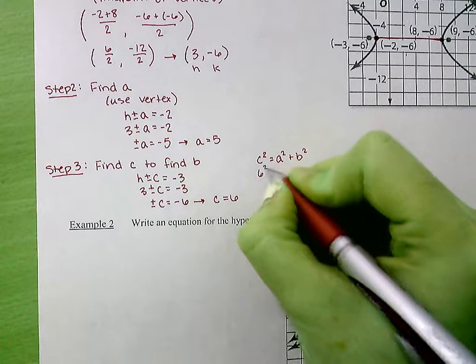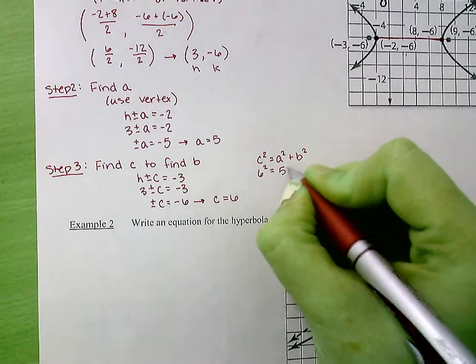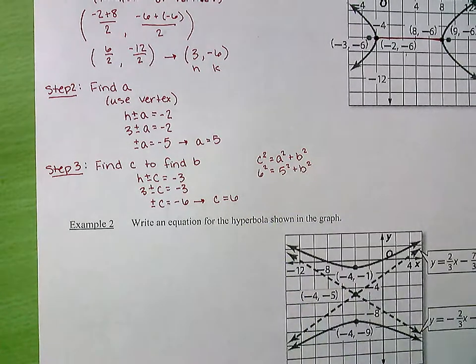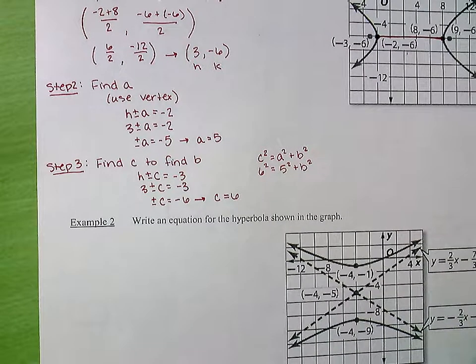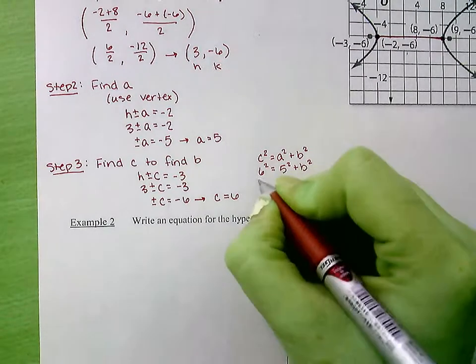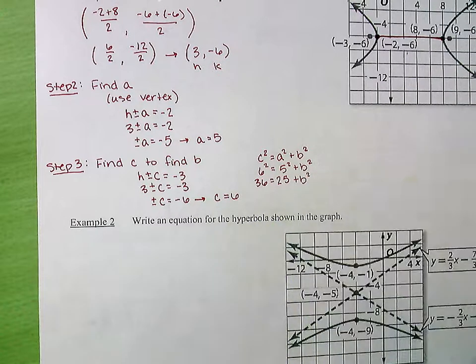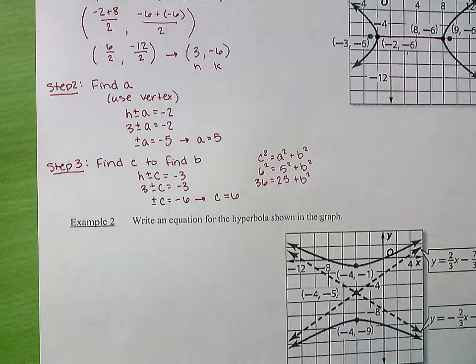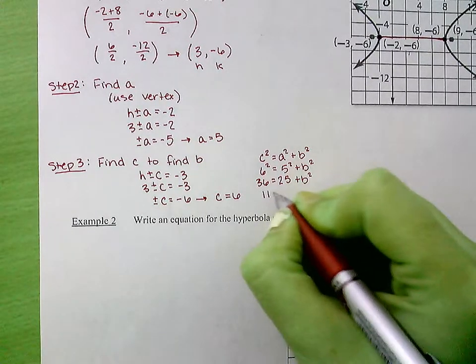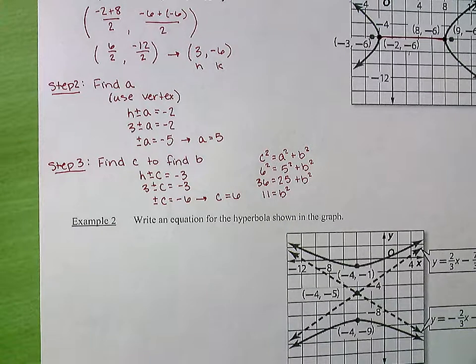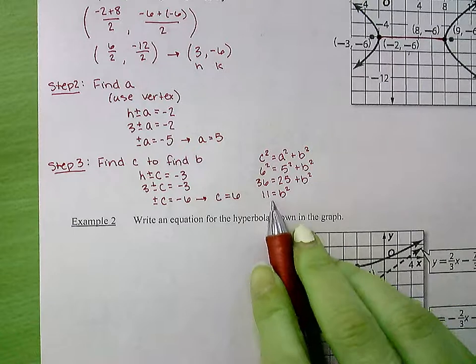So I have 6 squared is equal to 5 squared plus b squared. Square your terms. So we have 36 is equal to 25 plus b squared. Subtract 25. Take the square root of both.